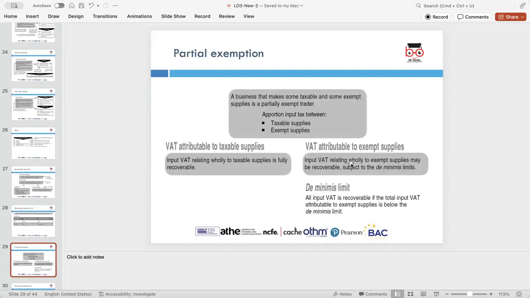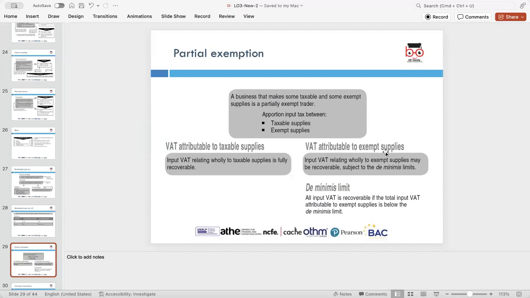Partial exemption, partially exempt traders. A business that makes both taxable and exempt supplies is known as a partially exempt trader. In such cases, input tax must be apportioned between taxable and exempt supplies.